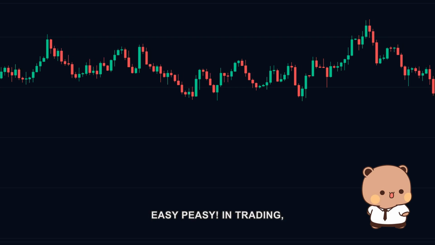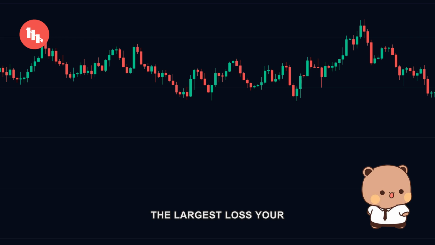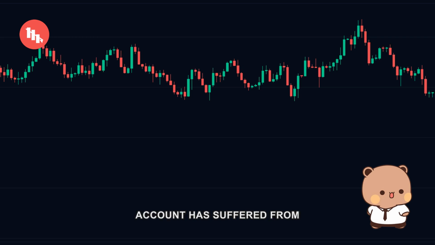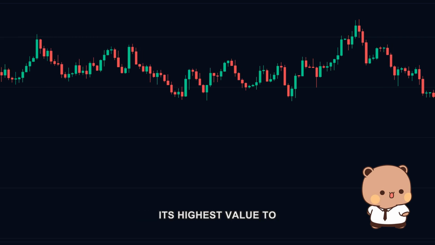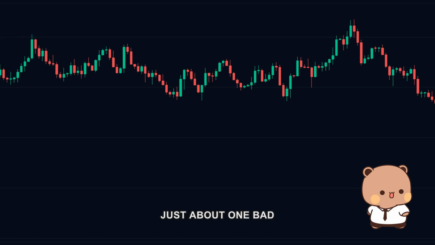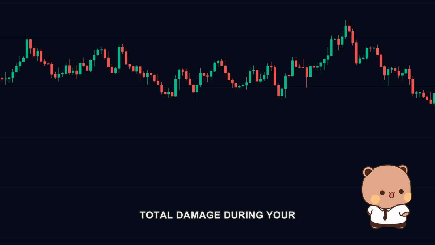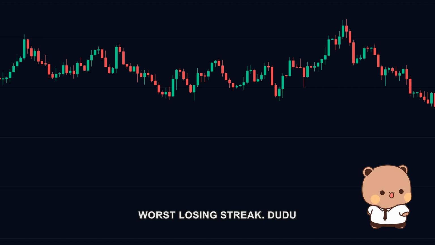Easy peasy. In trading, max drawdown tells you the largest loss your account has suffered from its highest value to its lowest point before recovering. It is not just about one bad trade. It is the total damage during your worst losing streak.